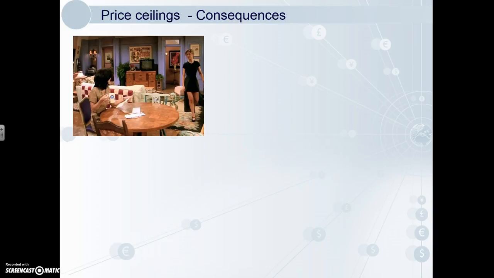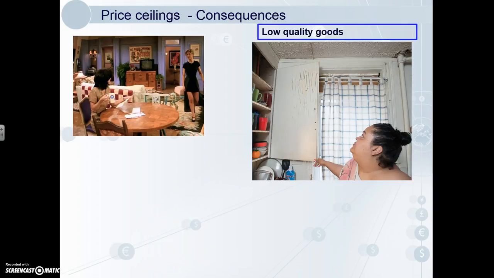Now, we know that producers receive a price under the free market equilibrium. What can this lead to in terms of consequences from this policy? One is low quality, in this case, accommodation. This price control, this government control is skewing the market for rented housing. Think about incentives.